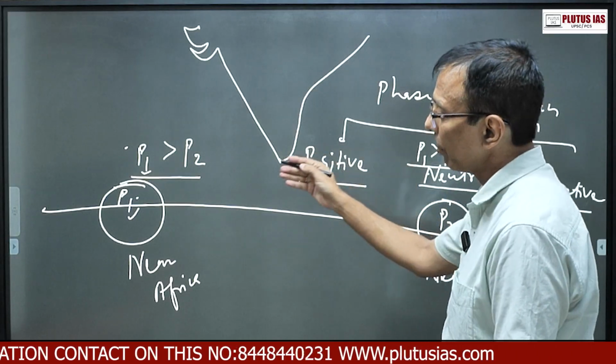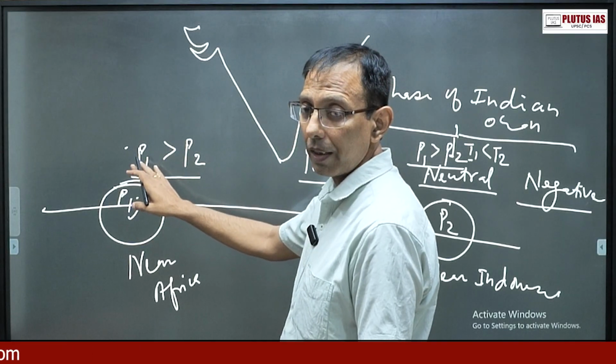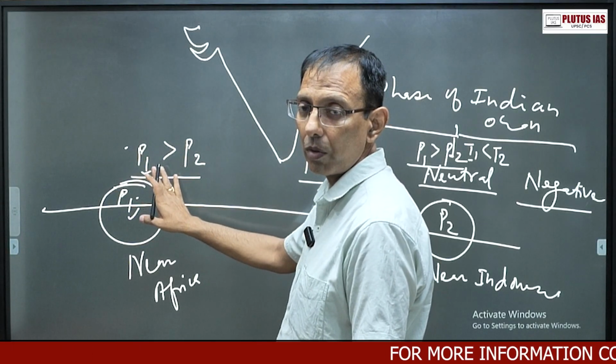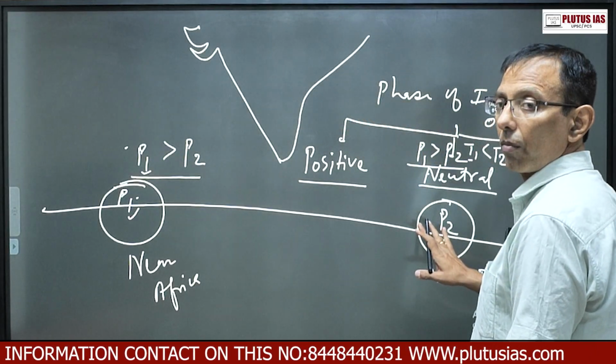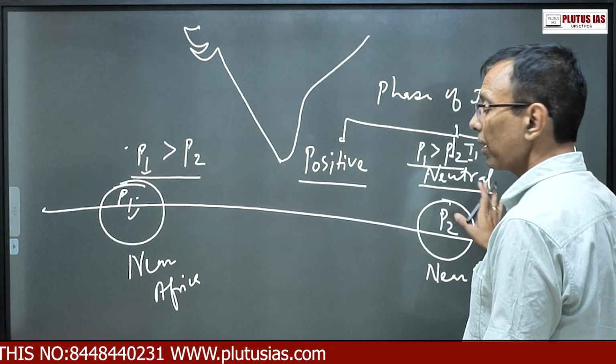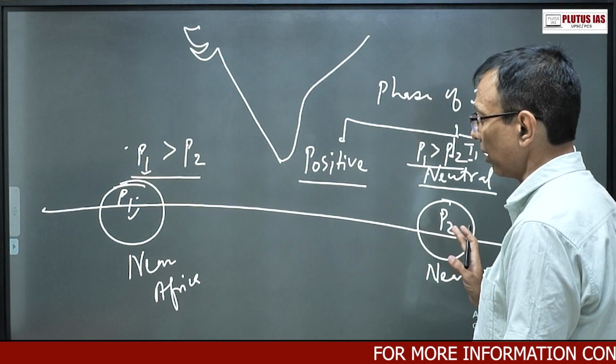Because of high temperature in a region, the pressure of that region would be less. If more temperature is there, then pressure would be found less in that particular region.